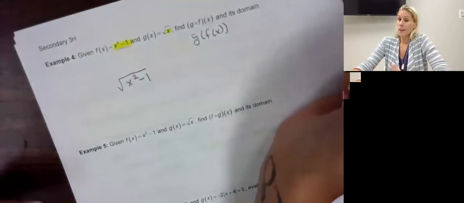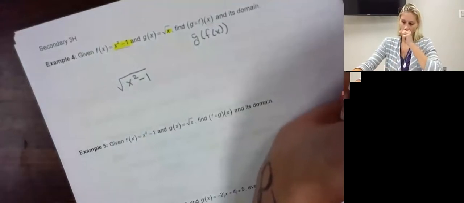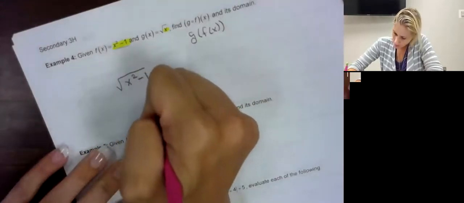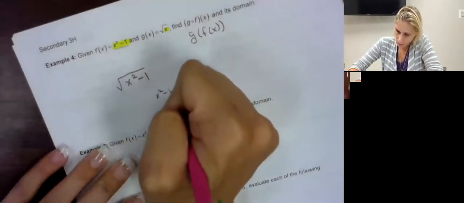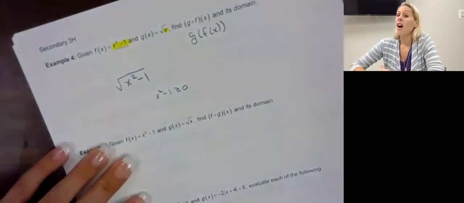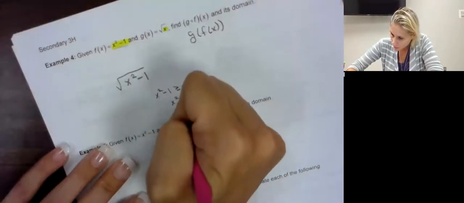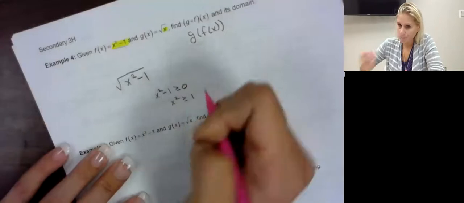But when we talk about domain, we have to think about what doesn't work. And as you can see, we have a square root here. So what do we know about square roots? Well, what's under the square root cannot be a negative number. So it has to be greater than or equal to 0. So let's solve. So x squared greater than or equal to 1.